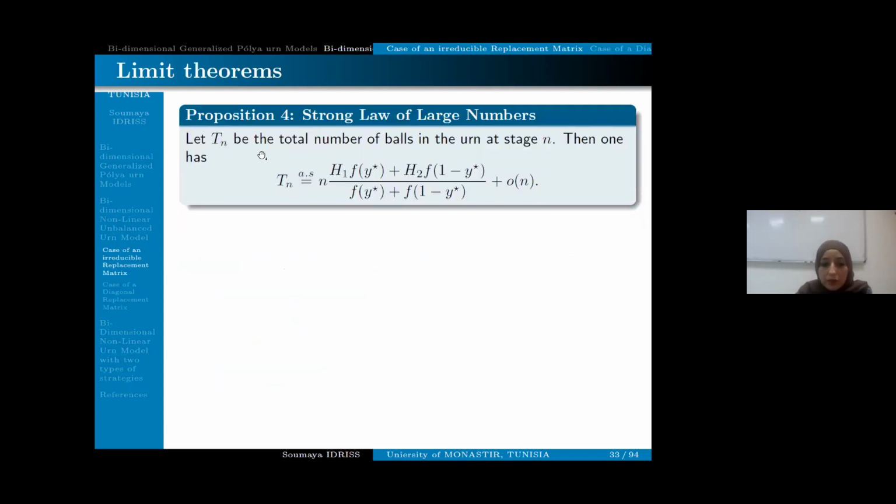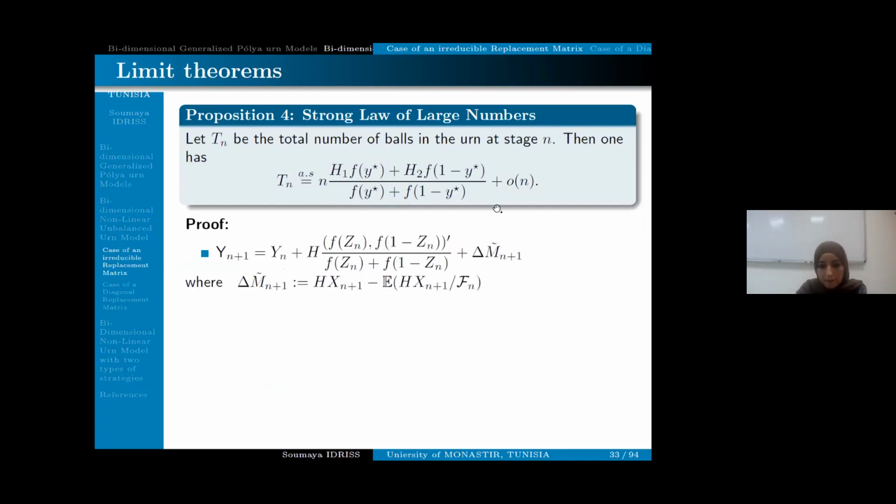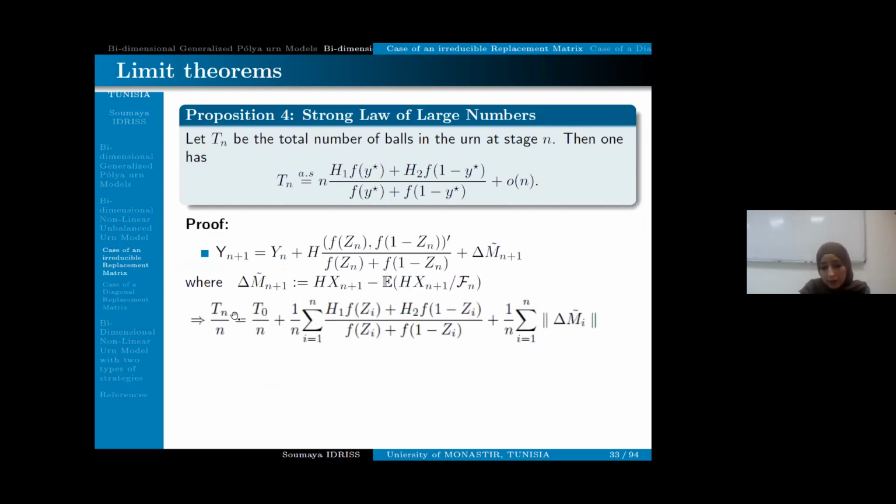Now we give a result about the total number of balls. The total number of balls, Tn, satisfies this almost sure estimate. For the proof, we need to write the urn vector yn in this form. Then after dividing by n, we see that this quantity naturally tends to 0.